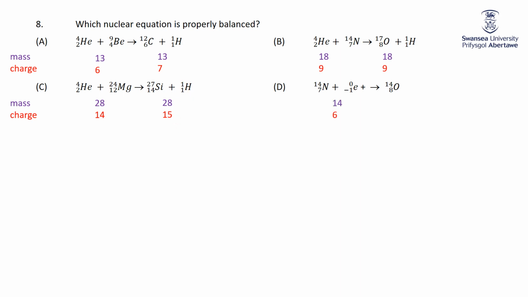And finally, 14, 6 on the left, 14, 8 on the right. Your charges are out of whack completely. When nitrogen 14 captures an electron, it will make 14 indeed for the mass, but the nucleus will be carbon because it has a charge of 6.